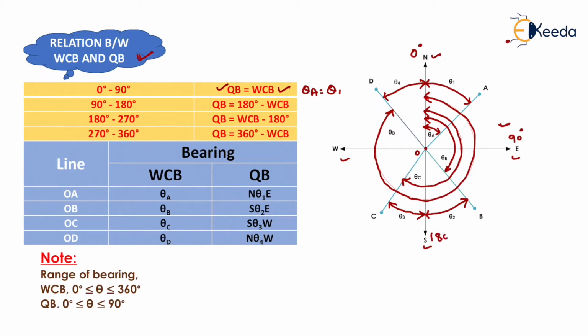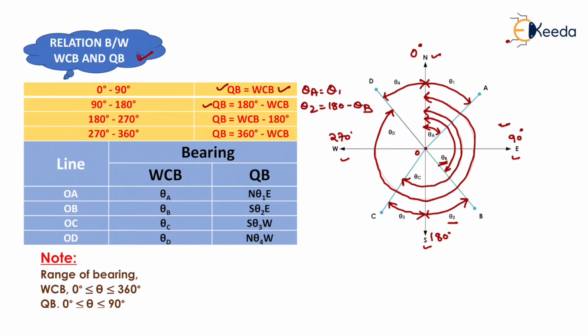Now if the line lies in the second quadrant, that is from 90 degree to 180 degree, then quadrantal bearing will be equal to 180 minus whole circle bearing. Theta 2 will be equal to 180 minus theta B, that is shown here.